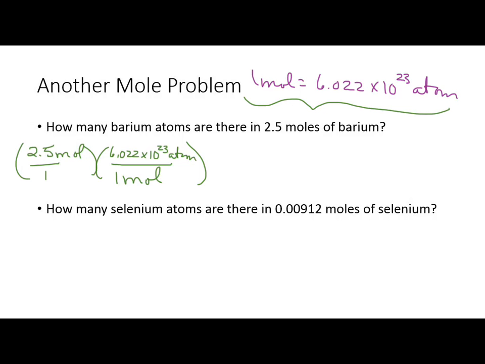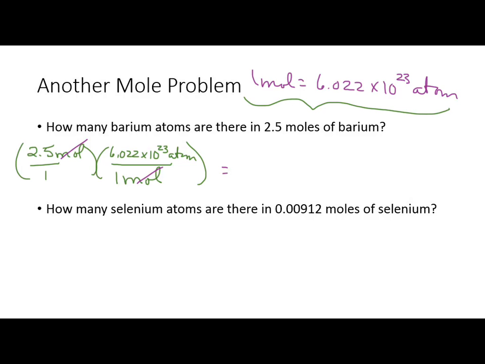You'll run into one of these on a test most likely, and if you don't set it up like this, that's fine, but you just need to be able to get the right answer. Setting it up this way, our moles cancel. We're left with units of atoms.